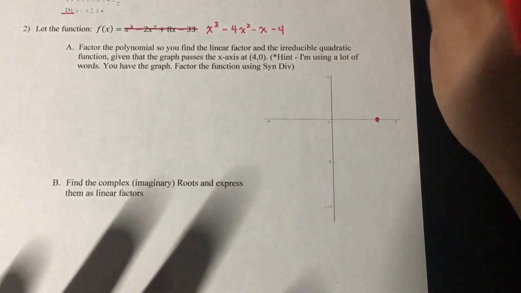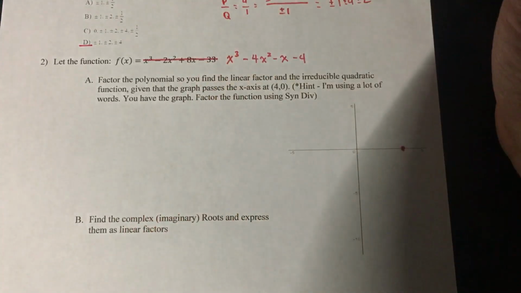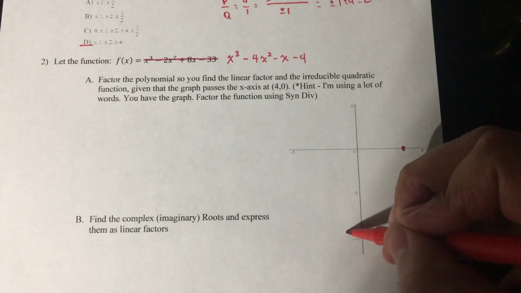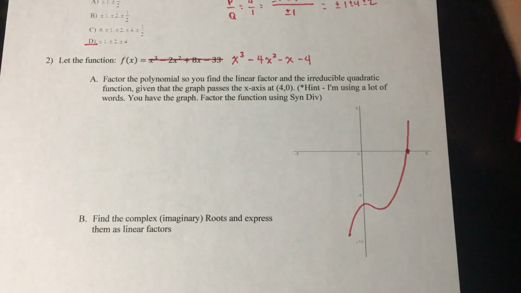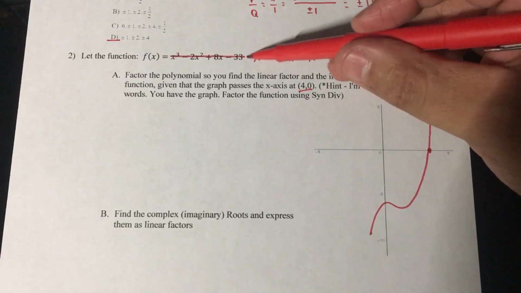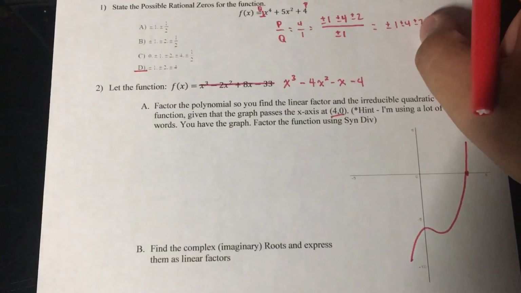This one, I saw good things on part A, but not really in part B. I'm sorry, I don't remember what the graph looks like. I know it came out kind of weird on here, but I did tell you it passes through (4, 0), and so remember I did change the equation so it looked like this.